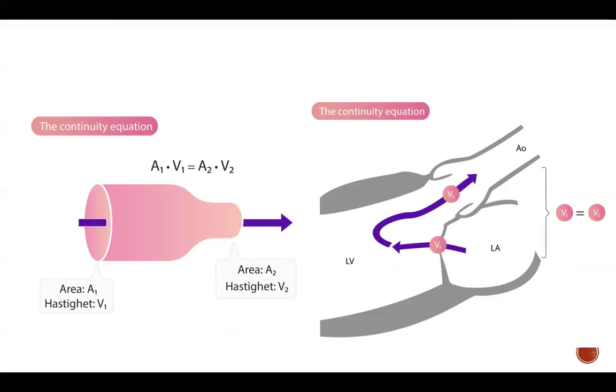This is one of the most important concepts in echocardiography. I think every cardiologist must understand this thoroughly and in detail. Guidelines can be changed, guidelines can be updated, but the basic concept will remain there as long as you practice cardiology and echocardiography. So the continuity equation is one of these basic concepts.